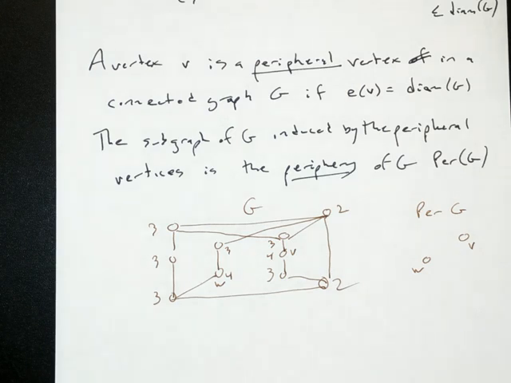Now, I did say that we were looking at the periphery of a connected graph. Why do I need that? You've got vertices in different components.